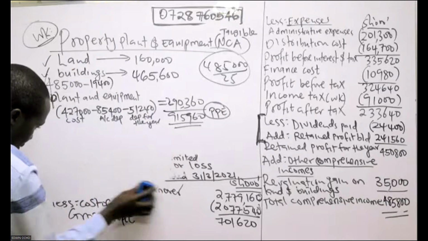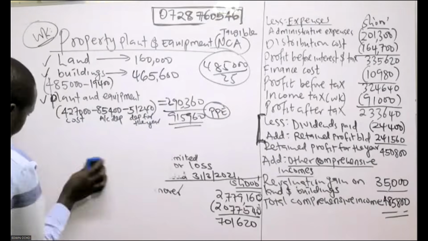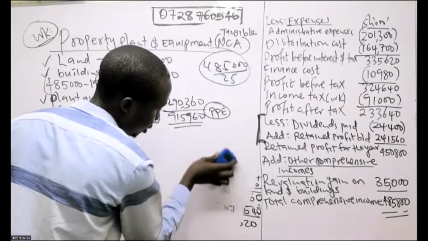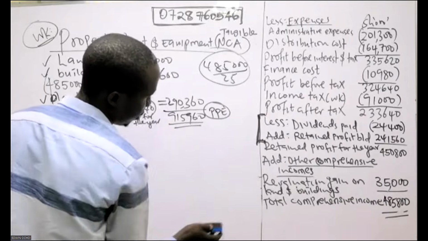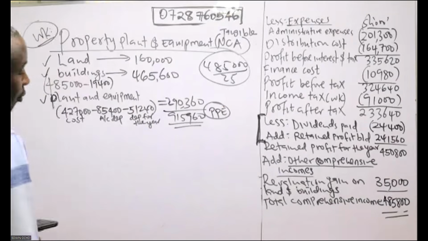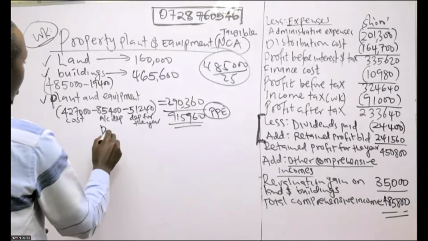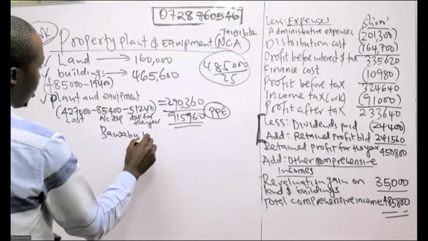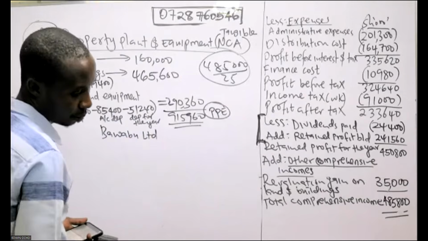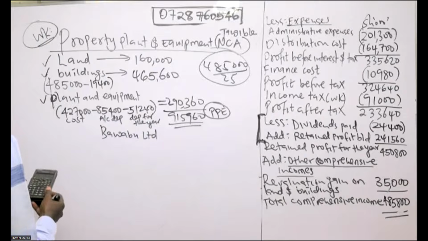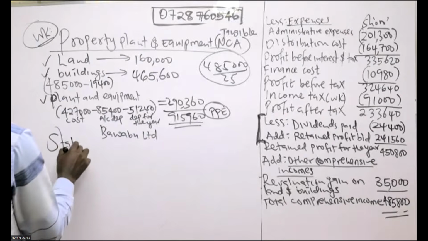So we can go ahead and now present our statement of financial position. It's all about Powerable Limited. We have the statement of financial position.